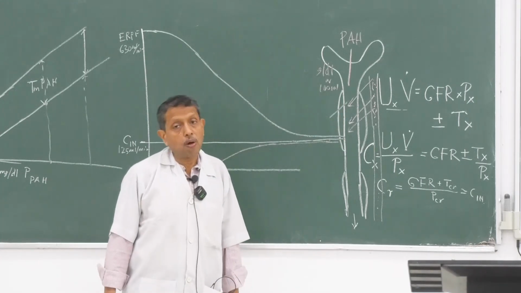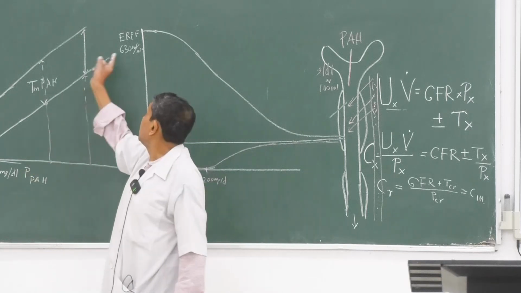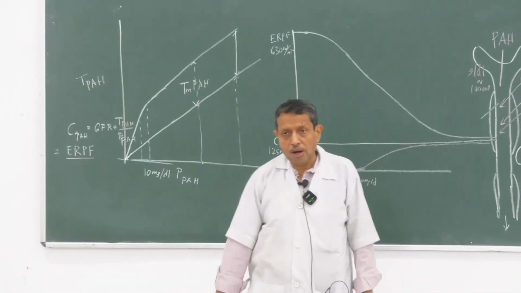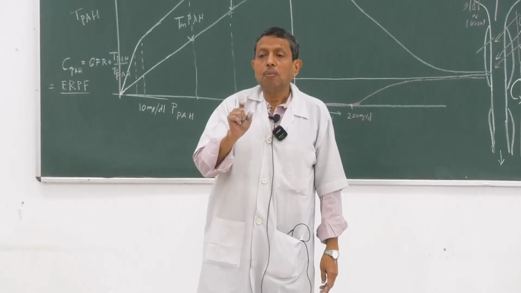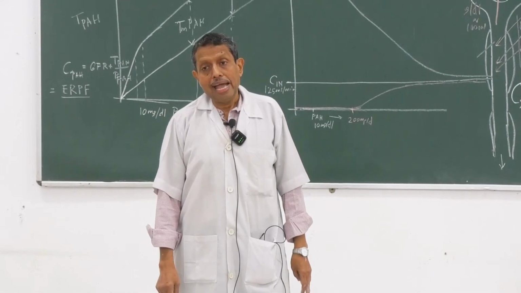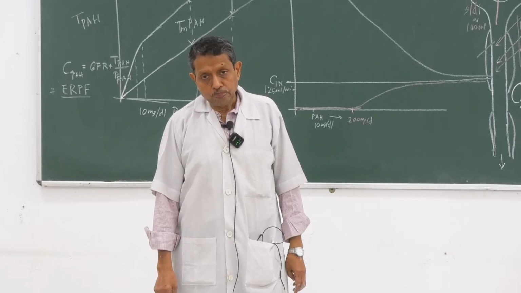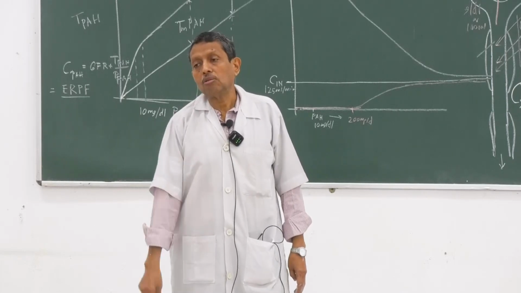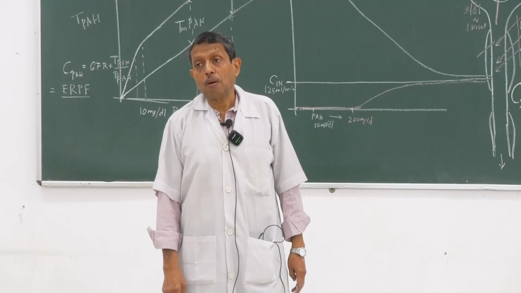So extraction ratio is 0.9. If you divide the 630 value by 0.9, you get the value of 700, and it is the actual renal plasma flow, from which you find out the renal blood flow with the help of hematocrit.